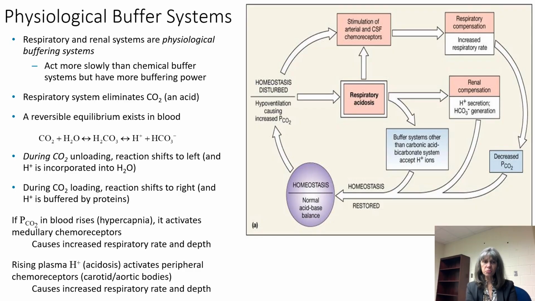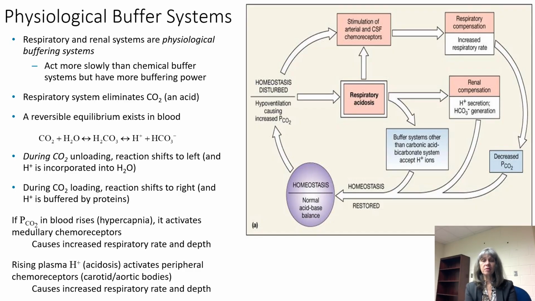So if partial pressure of carbon dioxide in the blood rises, that's a condition that is caused by hypercapnia. It can activate medullary chemoreceptors, which will cause an increase in the respiratory rate as well as respiratory depth.